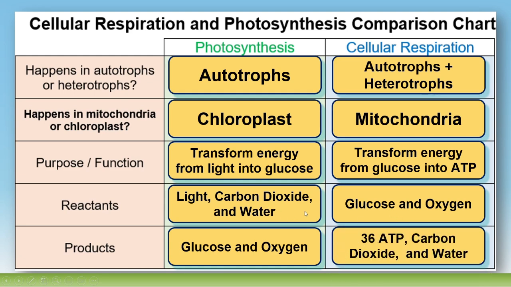So other than the energy, so we'll start with that, 36 ATP. So after the energy, the products are the same as the reactants of photosynthesis. You have carbon dioxide, or CO2, and water, or H2O.